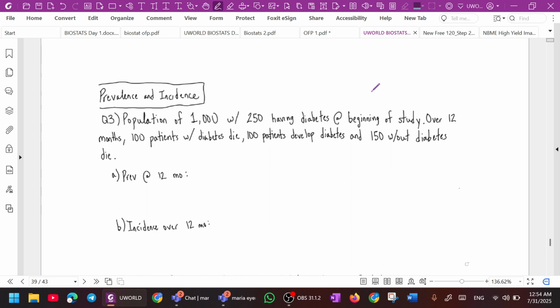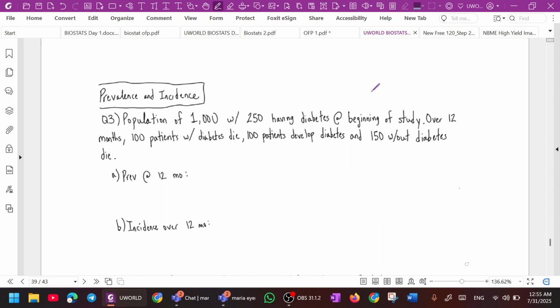Incidence is the number of new cases, like 100 divided by 250. Incidence is the number of new cases divided by population at risk.